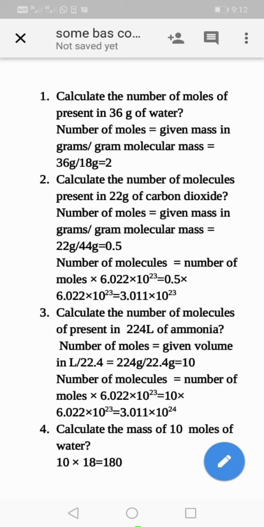That means given mass in grams divided by gram molecular mass is equal to given volume in liters divided by 22.4 liter. Only one factor will not be given in the question, all the other terms are clear from the question itself, so you can calculate the mass or the volume of the 22 grams of carbon dioxide. Similarly, in some cases they will ask for the mass, and the volume will be given. So the same formula you can use.